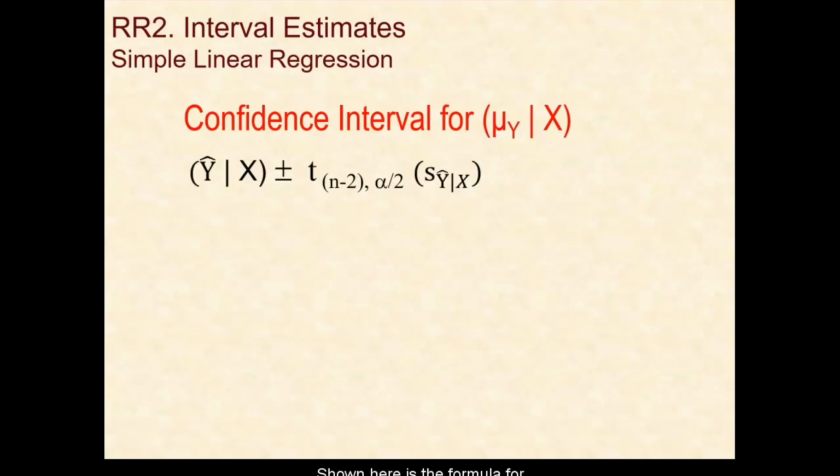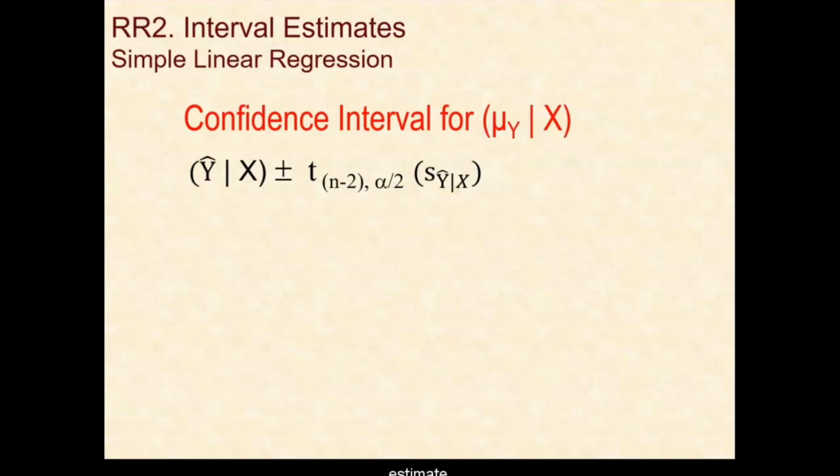Shown here is the formula for the interval estimate of the process mean of y, mu of y, for a given portfolio of individuals defined by the desired value of x. The formula follows the general form for confidence intervals that we've seen before.